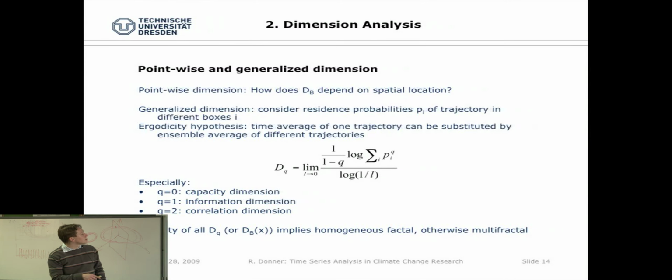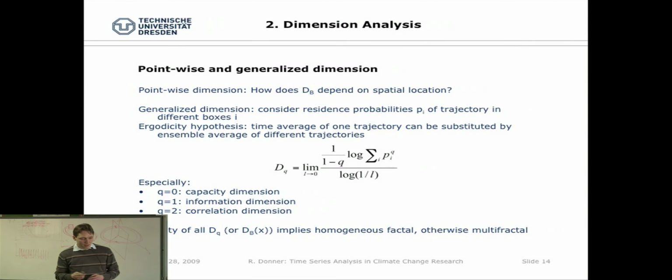If we now consider the probabilities of residence of any trajectory from such a set in different boxes i, you can define generalized dimensions in that sense. That's just a mathematical object. But what you can see is that if you let this exponent q approach 0, you again end up in the limit with the same definition as for the capacity dimension I've shown you on the slides before.